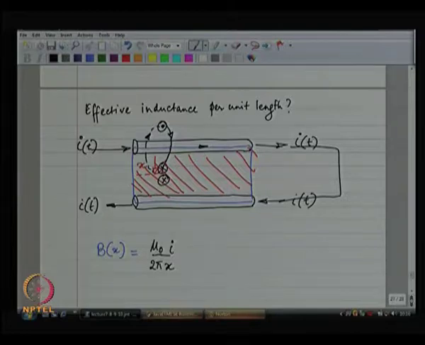So, this is what I am going to do. Now, at a distance x from a current I, so I have a uniform current I of t going through a wire, how do I find out the magnetic field? I create an Amperian loop at a radius x around the wire.